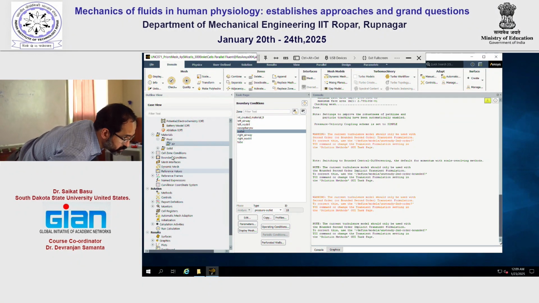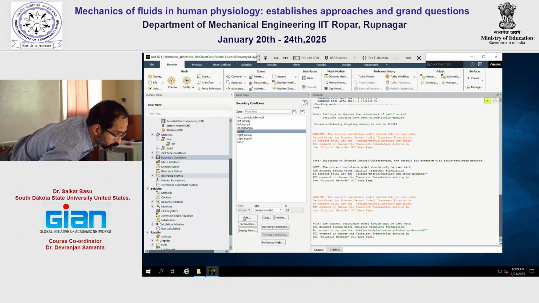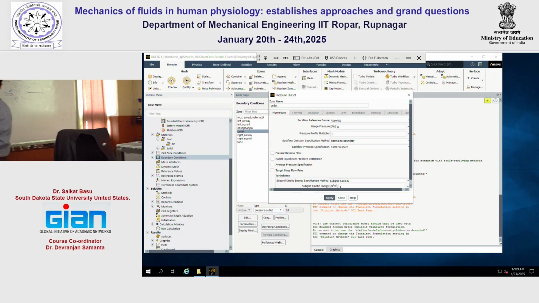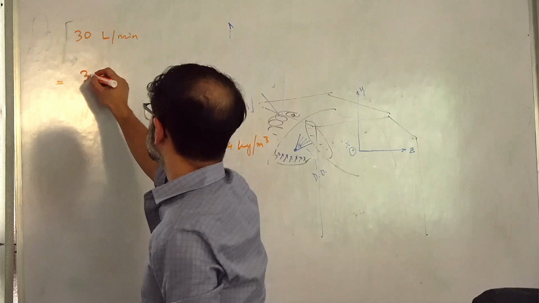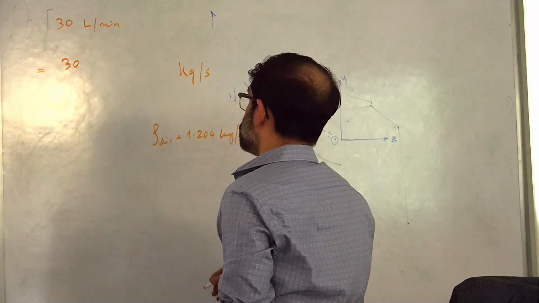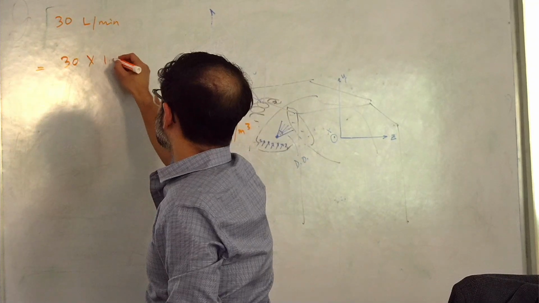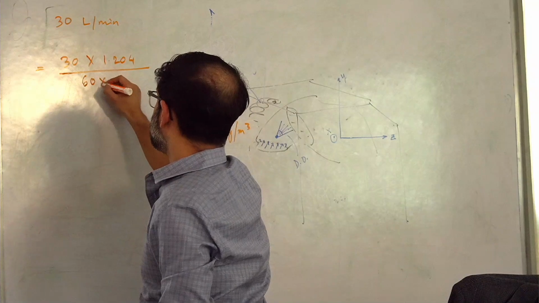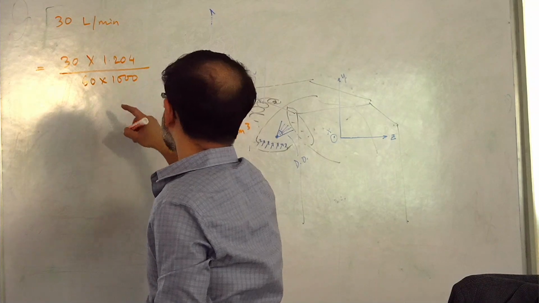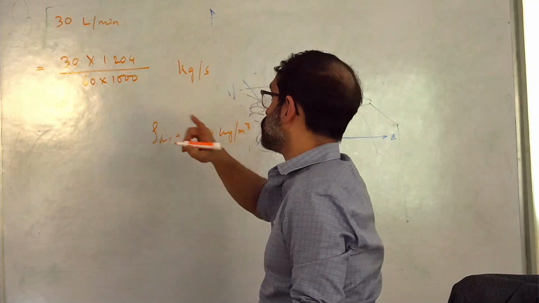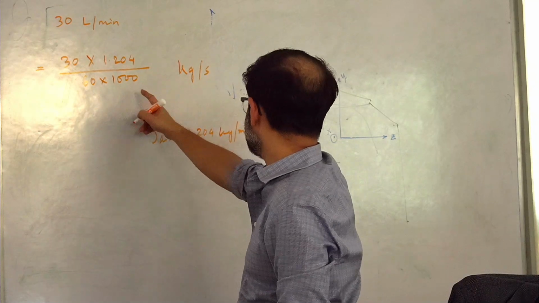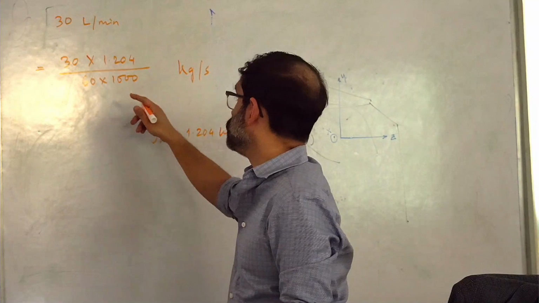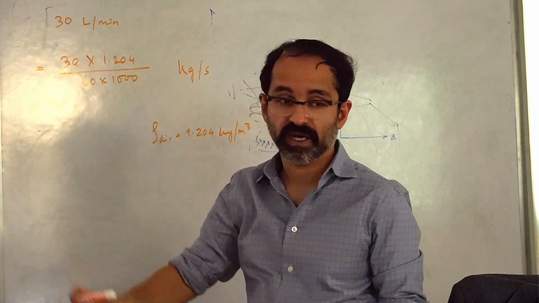Let's go to where we were. So the conversion should be, if I'm not wrong, 30 times 1.204 divided by 60 times 1000. So 60 for the minute to second conversion, 1000 for the cubic meter to liter conversion, then 1.204 is the conversion from volume to mass.